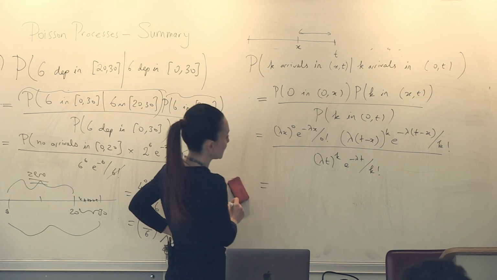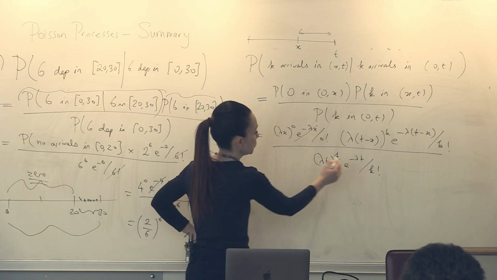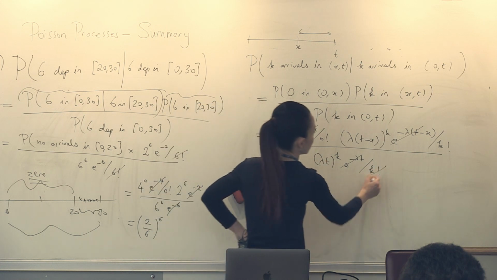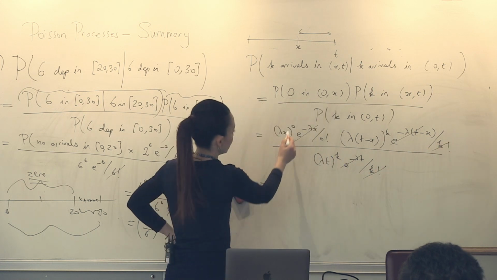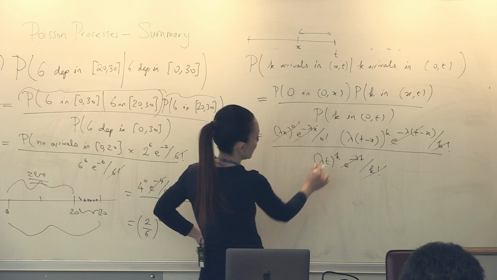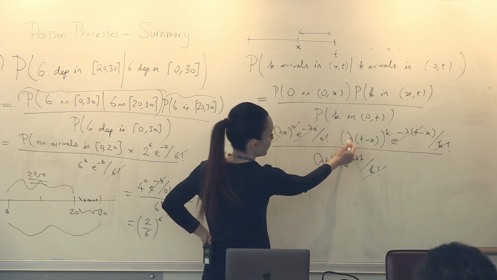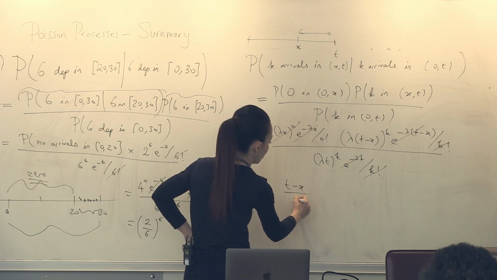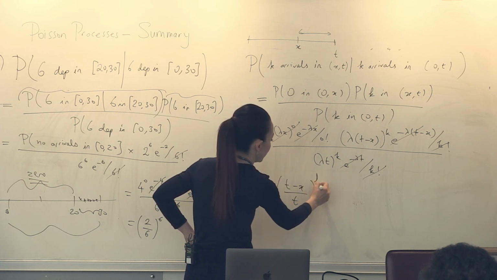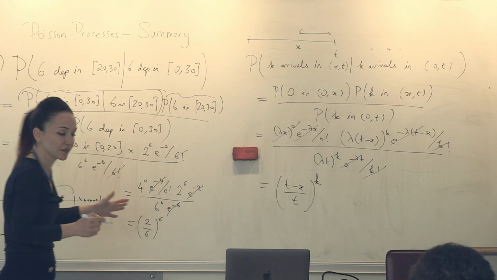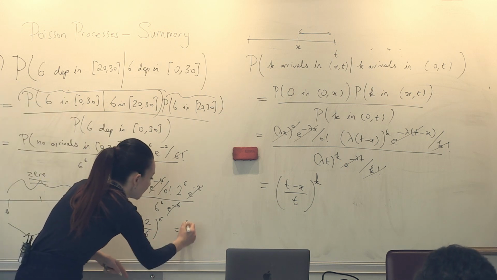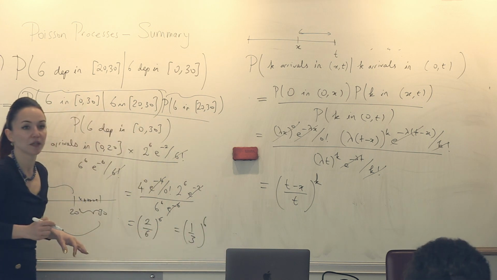What is the result? The exponential terms cancel again. The factorial terms cancel. And this is 1. I end up getting, oh, the lambdas cancel too, (t minus x) over t raised to the power k. Interesting. This is also that. This is 1 over 3 raised to the power 6.